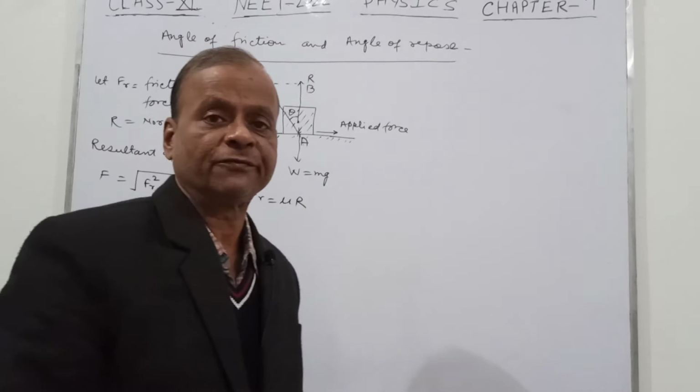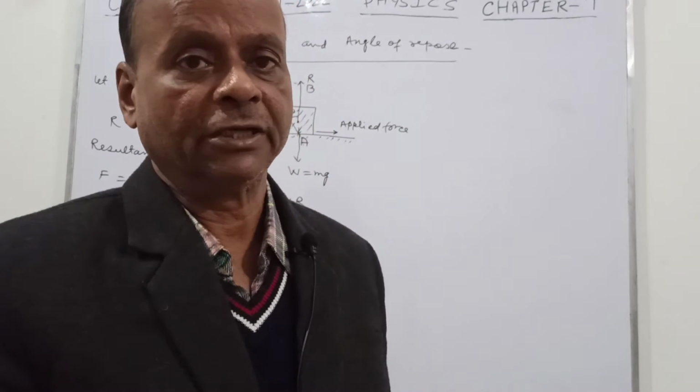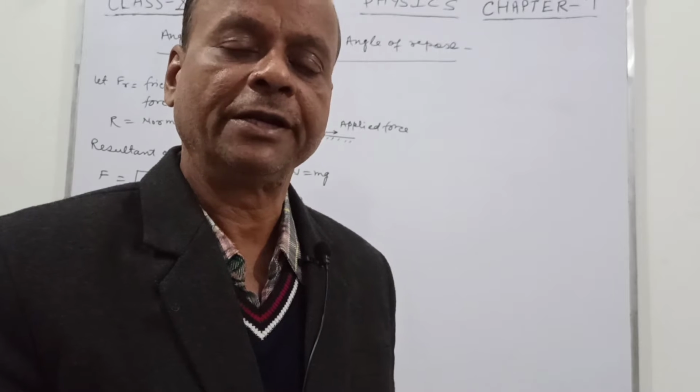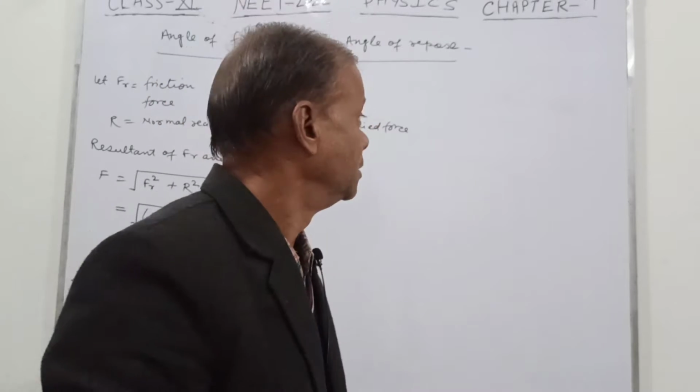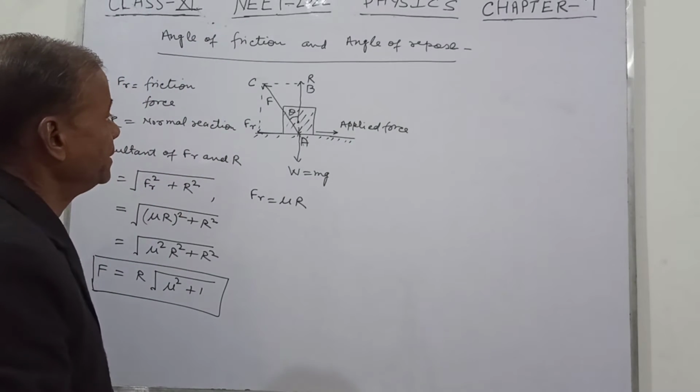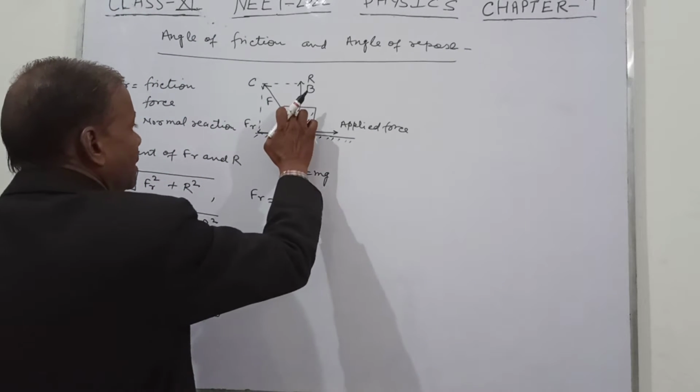This shows the resultant force of the force of friction and the normal reaction. Let this resultant force make an angle, represented by lambda.